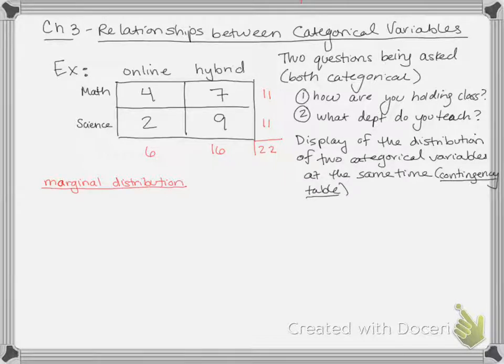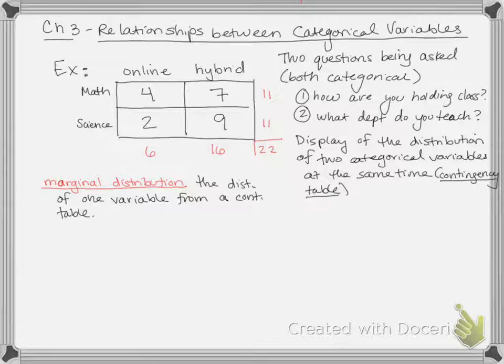The marginal distribution is the distribution of one variable from a contingency table. I'm using a lot of abbreviations here because I want to make sure that we fit the major definitions on one slide, and then we can go to the next slide to see the final piece of information for this chapter.